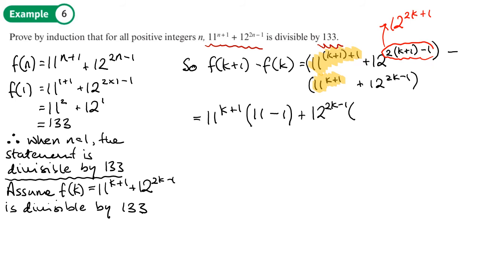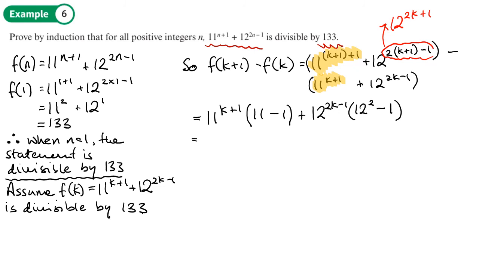then that 12 to the 2k minus 1 needs to be times by 12 squared. You need to add 2 to the power basically. So 12 squared there, and then what have we got? We've got one of them in the second bracket like that.